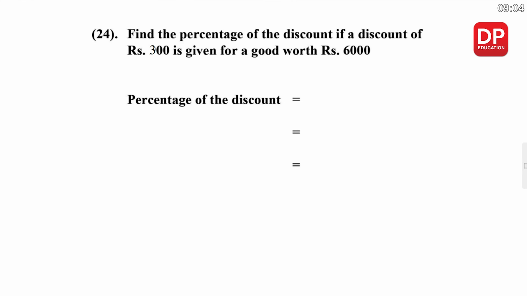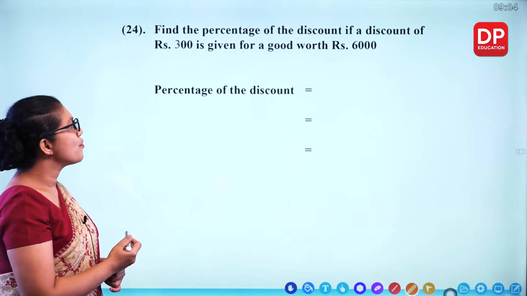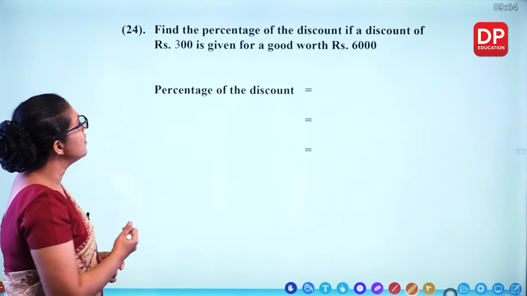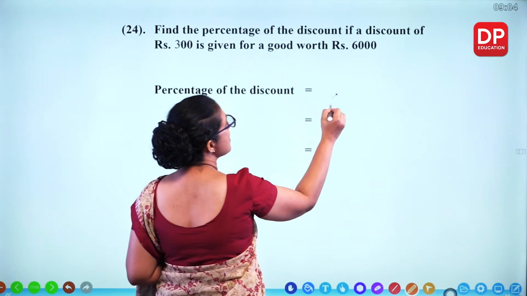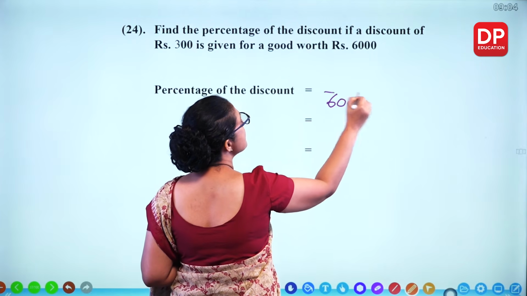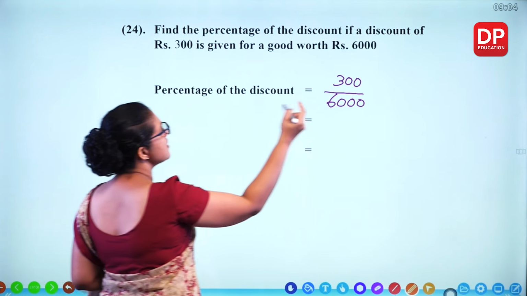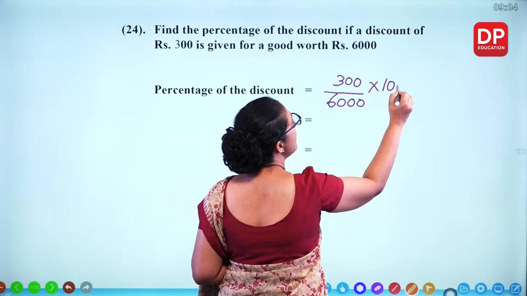Find the percentage of the discount if a discount of 300 is given for a good worth 6,000 rupees. So what's the percentage value? Out of 6,000, the discount value is 300. As a percentage, you multiply by 100.